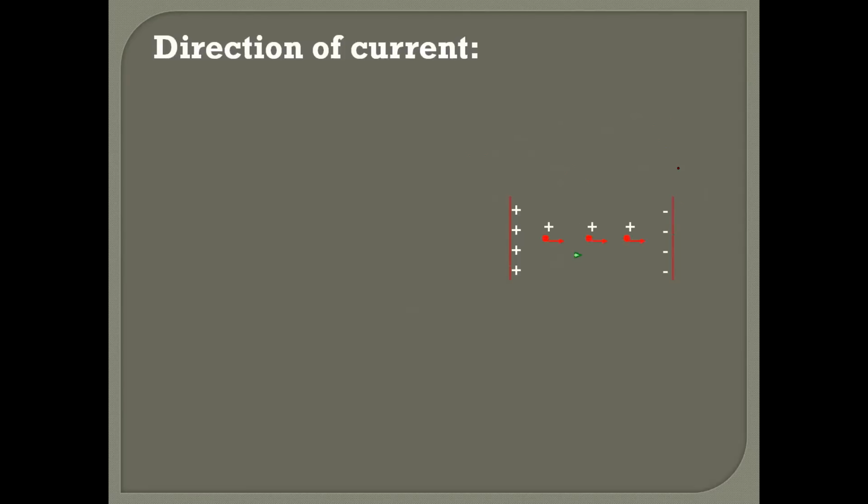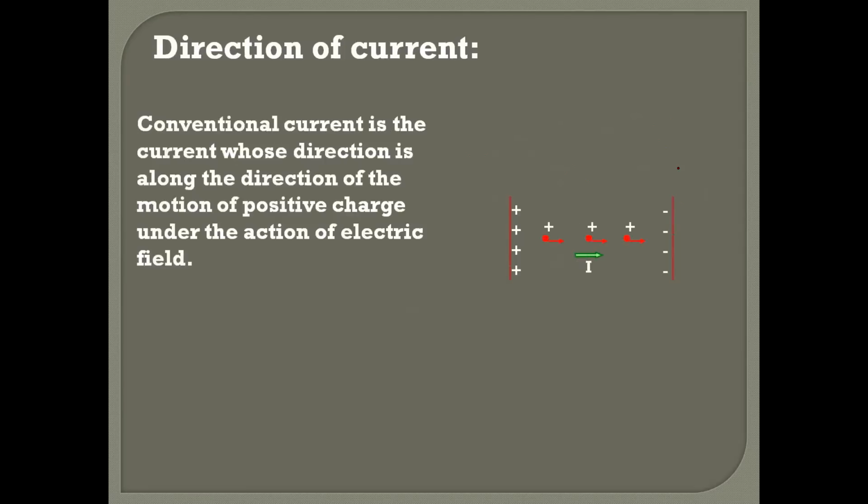Direction of electric current is the direction in which the positively charged particles are moving, or if you know the direction in which the negative ions are moving, the direction of current has to be taken as opposite to the direction of motion of electrons. Okay, so conventional direction of current is always in a direction along which positively charged particles are moving, or in a direction opposite to the motion of electrons.